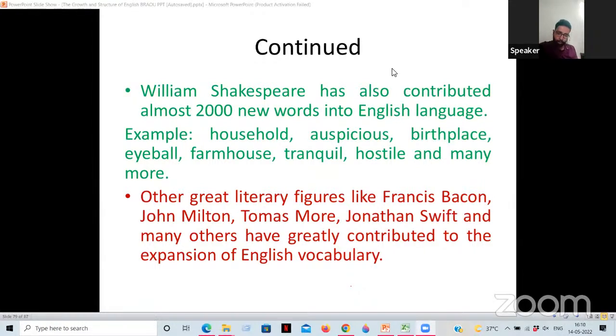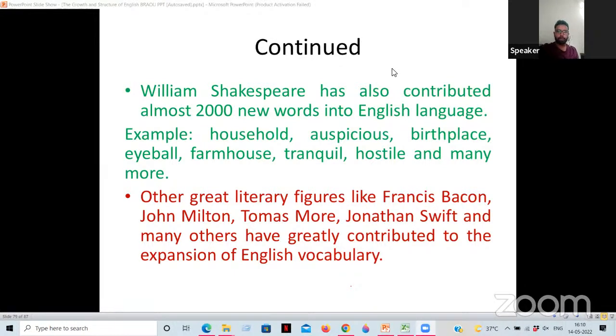In that particular book, most famously, he used two words. One is Lilliput, that means something small, something tiny, and another one is Yahoo. So we have yahoo.com. That Yahoo originated from Jonathan Swift's Gulliver's Travels.